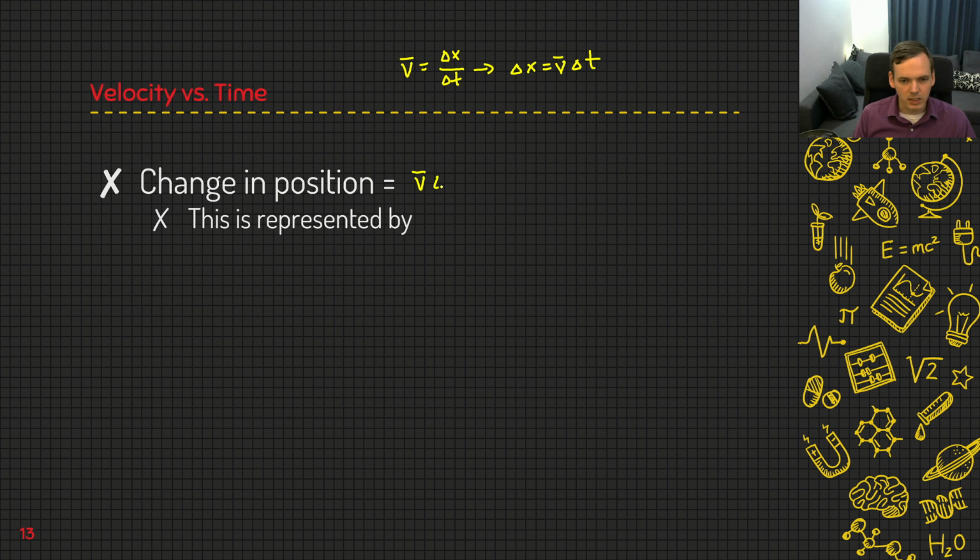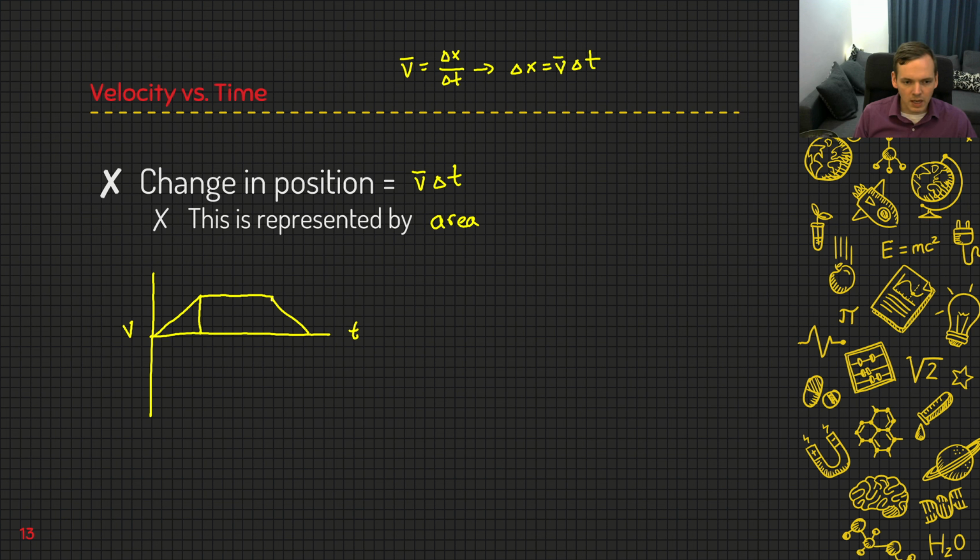But otherwise, if we look, this is on a velocity versus time graph. This is kind of like multiplying an up by a side. So if I have this, this is represented by the area under the curve.